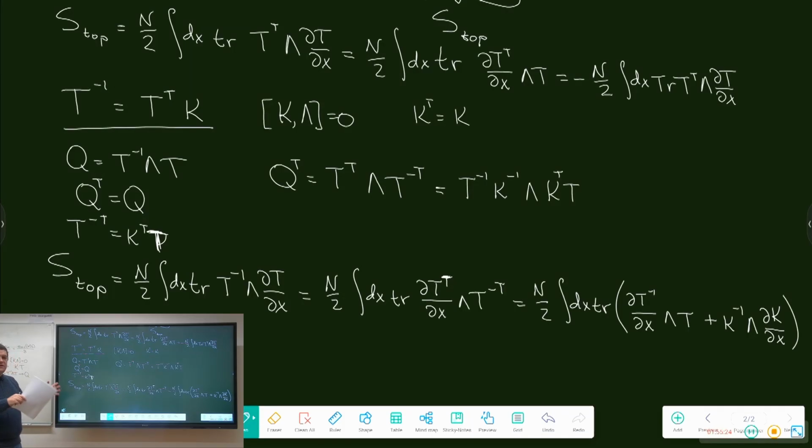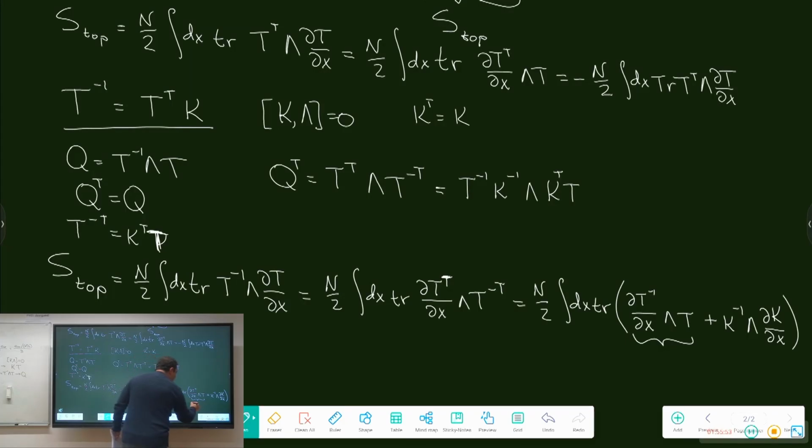So it's the same story as we had with the gauge transformation. Each T has matrix K inside, and if derivative does not act on this K, K cancels and we have this term. And if derivative acts on K, then T cancels and we have the second term. And finally, for this term, we apply integration by parts.